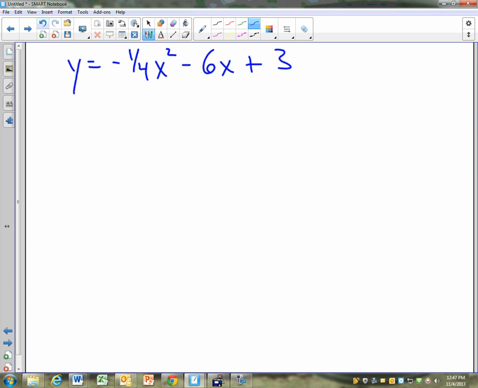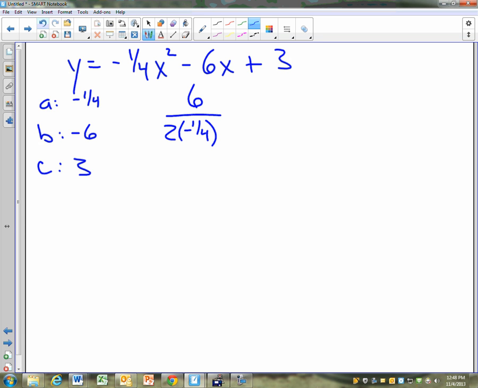So let's start by identifying A, B, and C, and we could tell some other qualities about this. What is A? Negative 1/4, B, and C. There we have it. If I want to find the vertex, I take negative B, or positive 6, divided by 2 times negative 1/4.